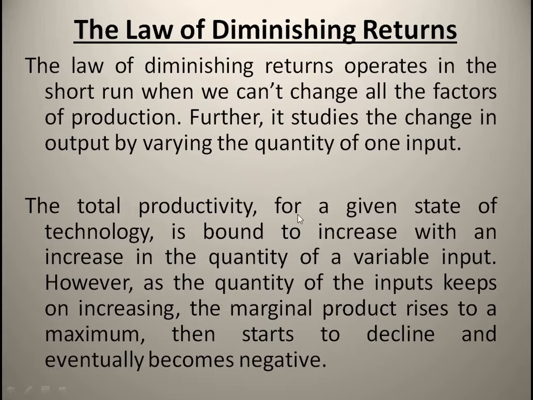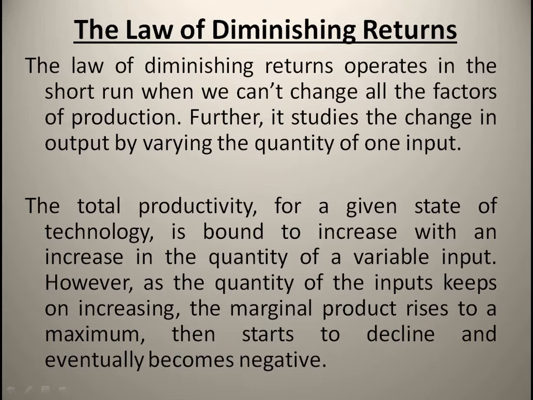The total productivity for a given state of technology is bound to increase with an increase in the quantity of a variable input. However, as the quantity of inputs keeps on increasing, the marginal product rises to the maximum and then starts to decline, and eventually it becomes negative.